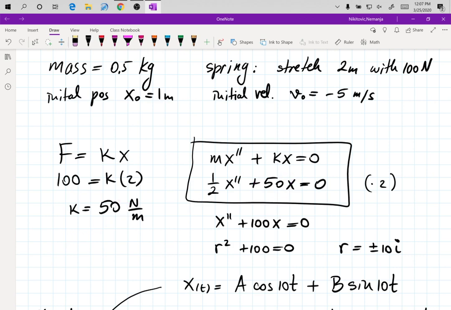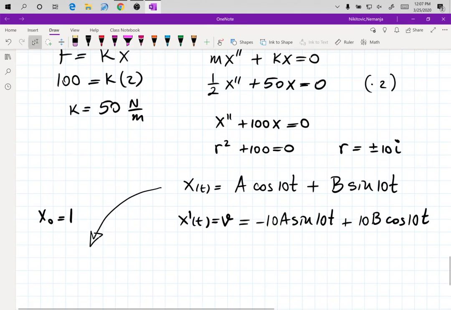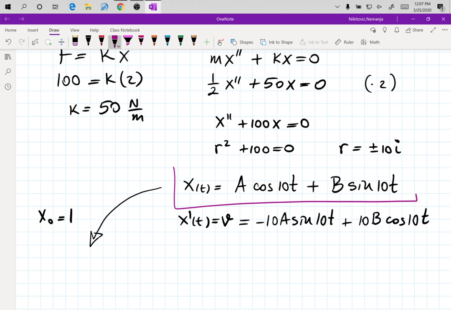Once we have the equation, we solve it using our regular characteristic equation, and because the answers happen to be complex, we are writing the solution, and the solution is x of t, a cosine 10t plus b sine 10t. That's the standard solution that we have for wave, right, in 2D.